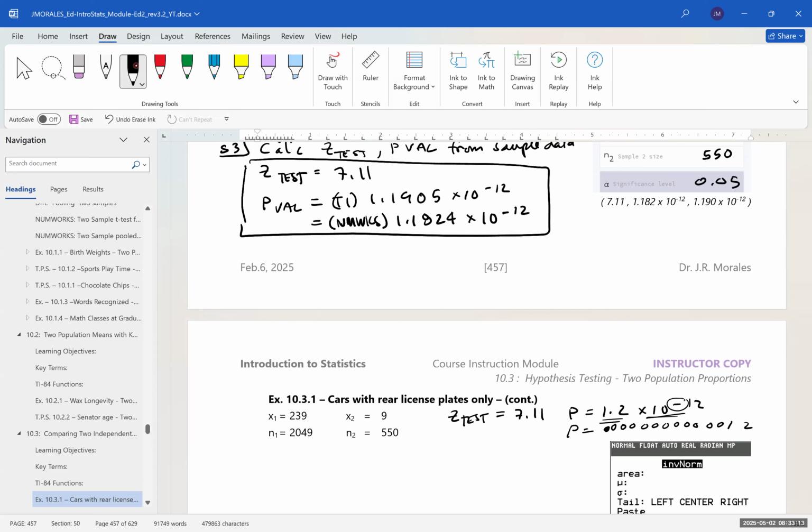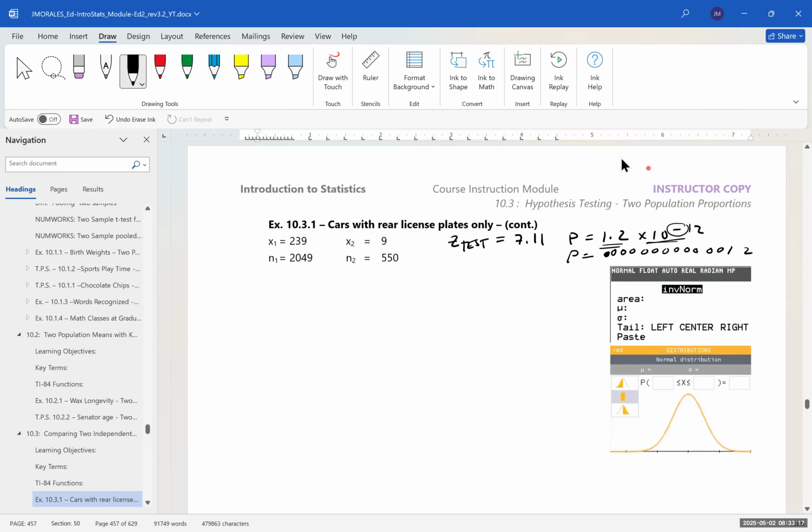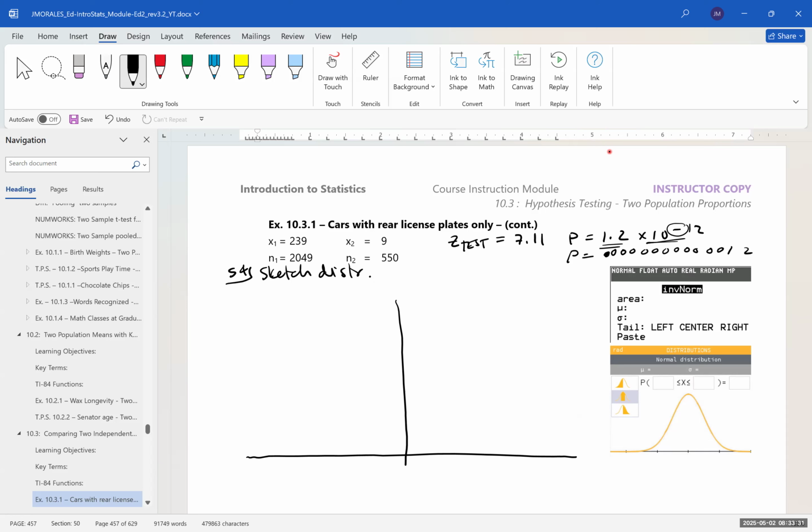Okay. All right. So since we're dealing with proportions, we're going to have a normal distribution. So let's just go ahead and draw that in. And before I forget, step 4, this is to sketch our distribution.